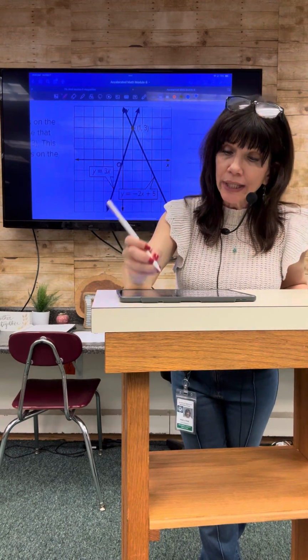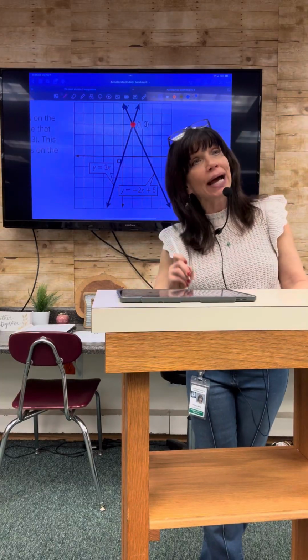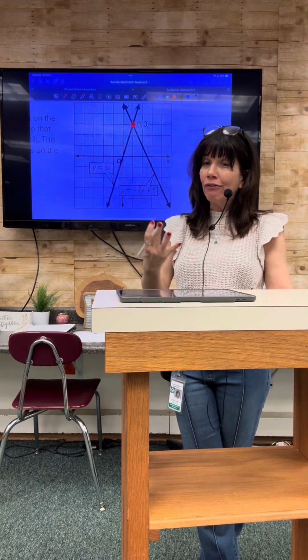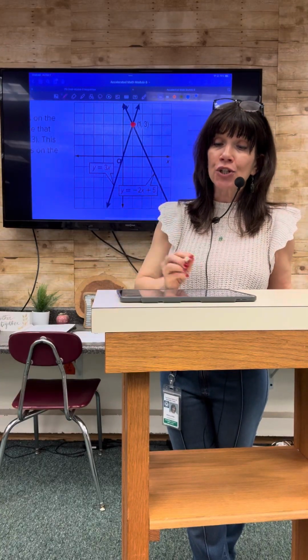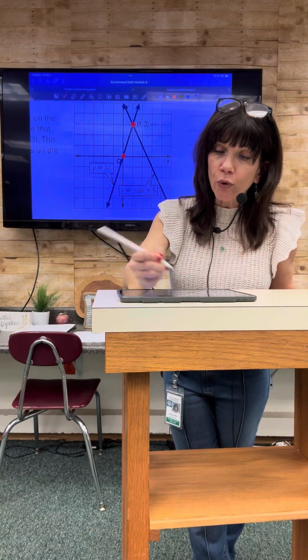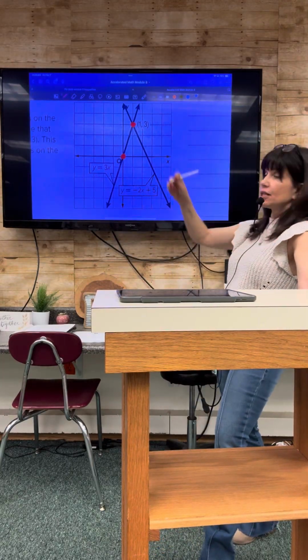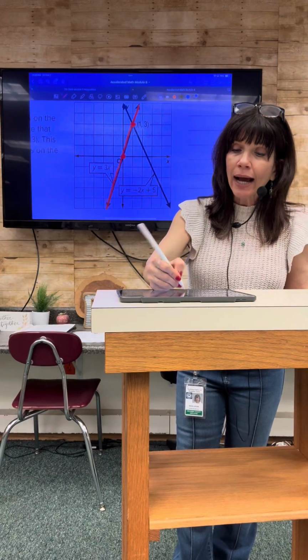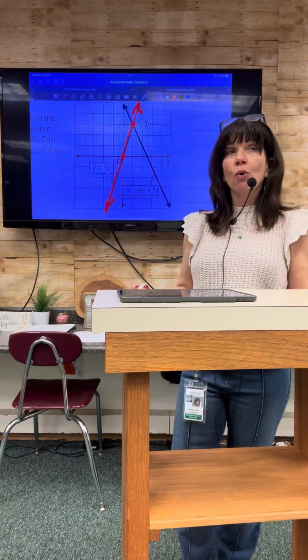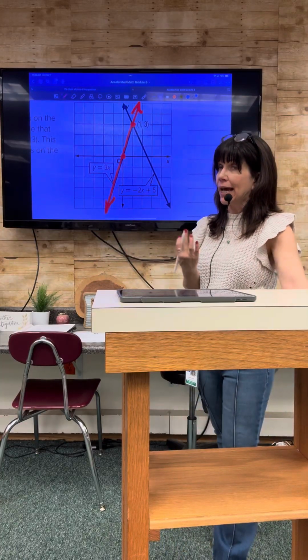So not only would you end up plotting 1, 3, if you had to make a line on the graph, you would also know, because it is a constant of proportionality, to run through the what? Point of origin, also known as 0, 0, and that is how you would discover how to graph that equation. Are you remembering now how to graph an equation in the form of y equals kx?